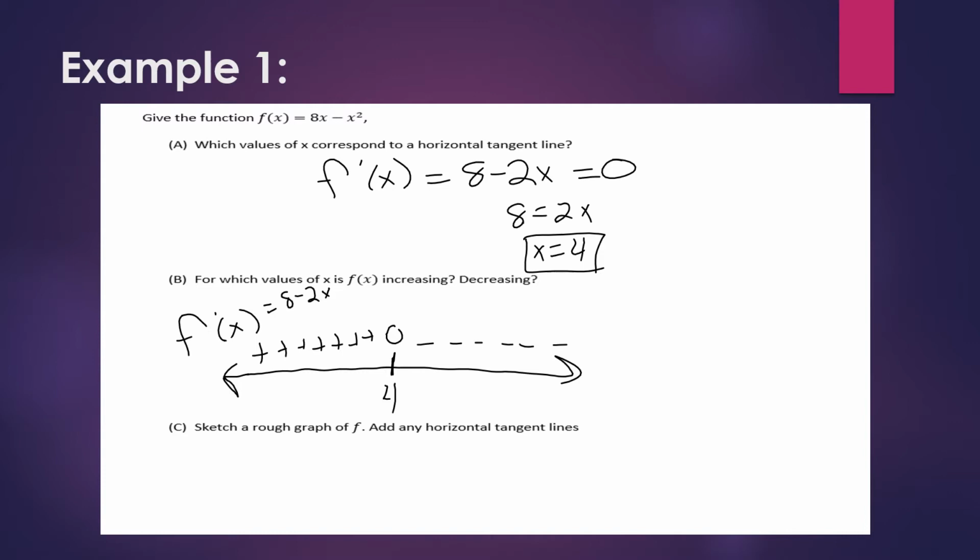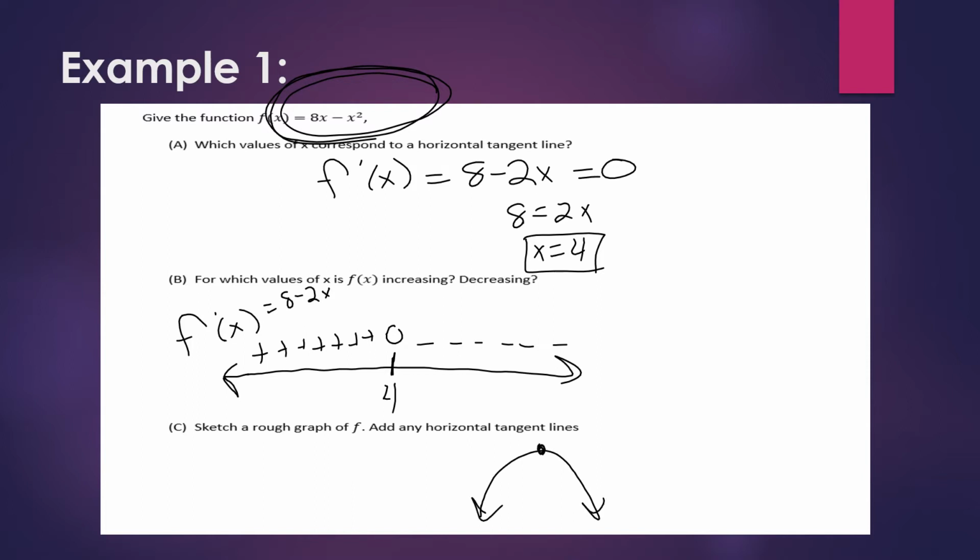So for C, they say sketch a rough graph of f and add any horizontal tangent lines. So this function doesn't look like I'm going to have any tangents. It's going to be a downwards opening parabola. That's probably some of our algebra 2 and pre-calc knowledge. So my function is going to look something like this.